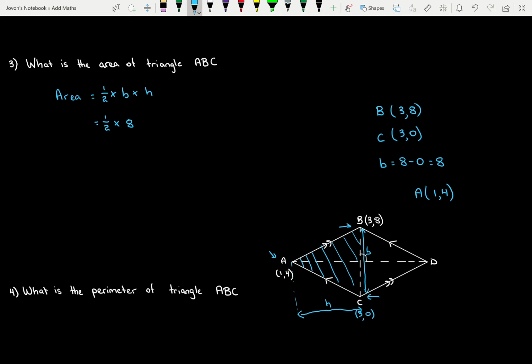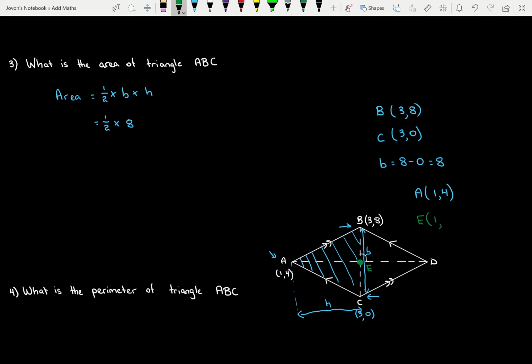If we were to find the value at this point here, let's say we call our coordinate E. Since it is on the same horizontal line as A, it would have the x coordinate of 1, and it is basically at the midpoint between C and B.